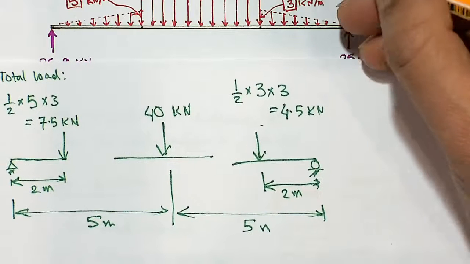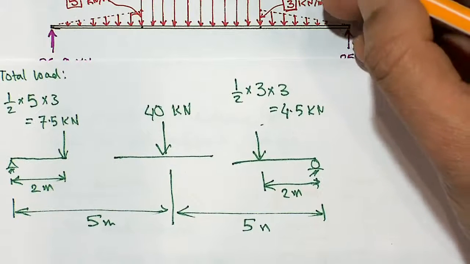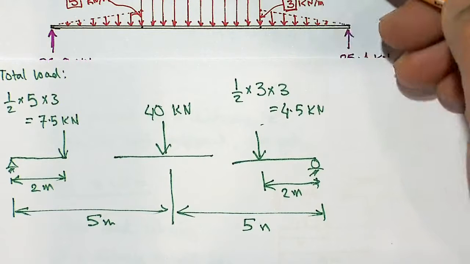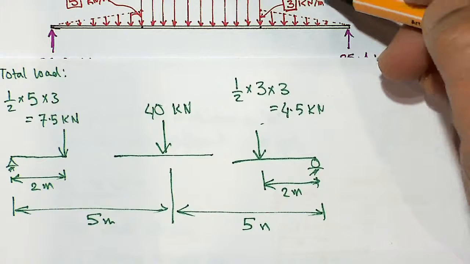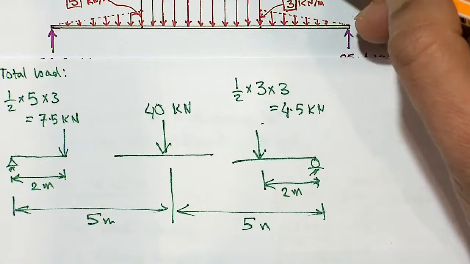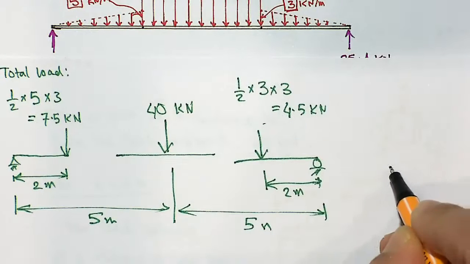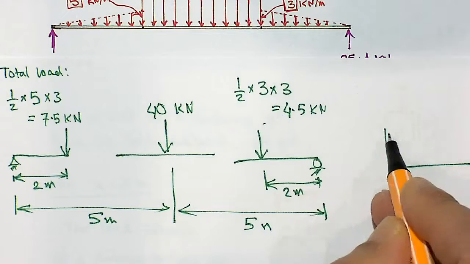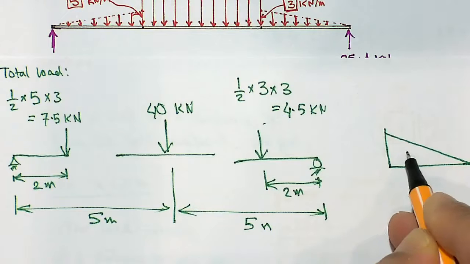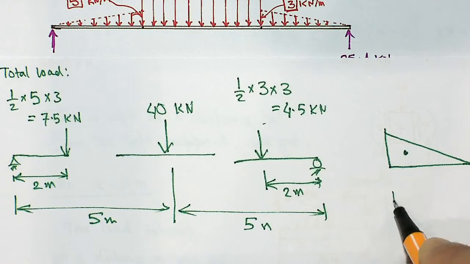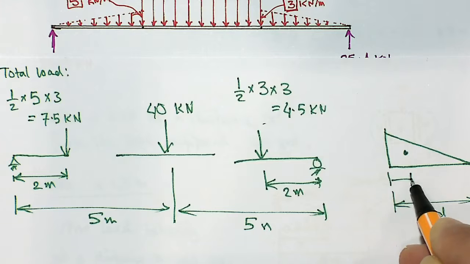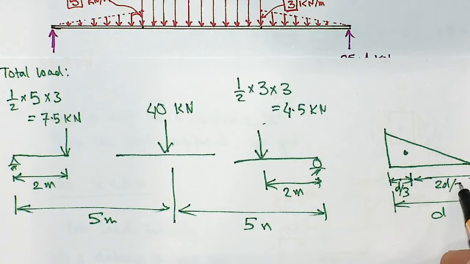So for a triangular load, total load is half times the maximum load intensity times the span, and that will act at the centroid of the triangle. The centroid of a triangle is, if this distance is d, then that distance is d over 3, and of course then that means this distance is 2d over 3.